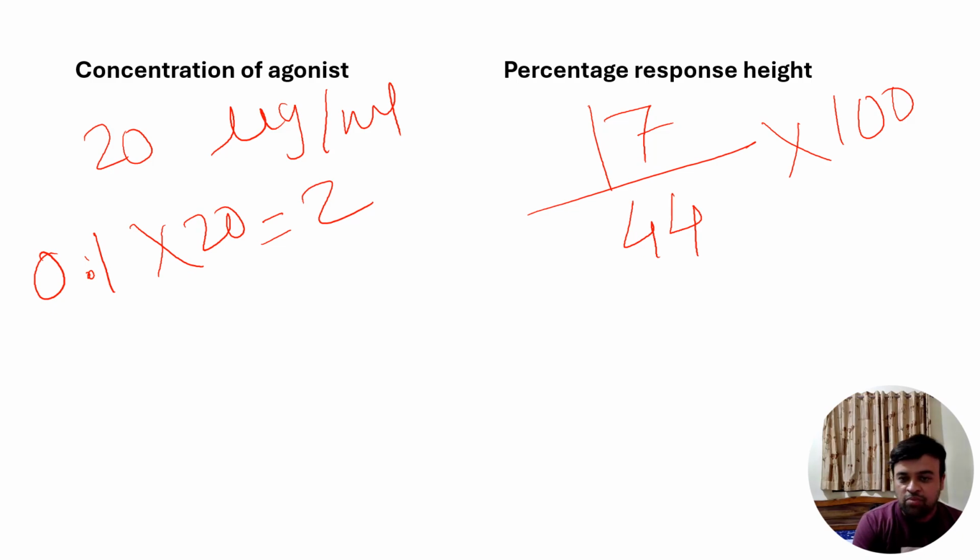You do the same for all subsequent doses. For the last dose, the response height is 44, so the percent response height of that dose will obviously be 100%.